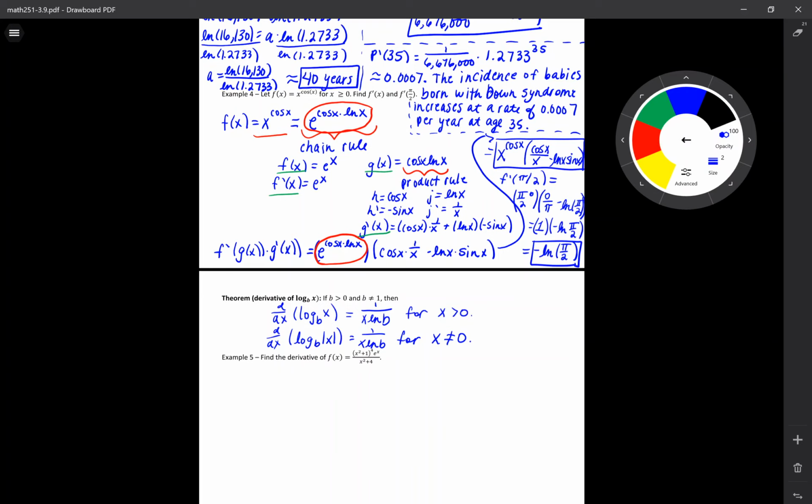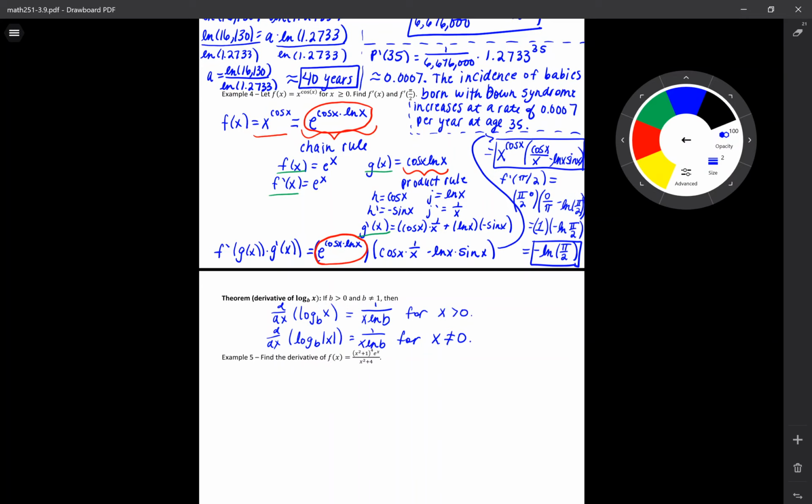So we want to find the derivative of f of x equal to x squared plus 1 to the power of 4 times e to the power of x over x squared plus 4. Wow, so without what we've learned today, we already know how to do this technically, right? But this is a pretty ugly function.